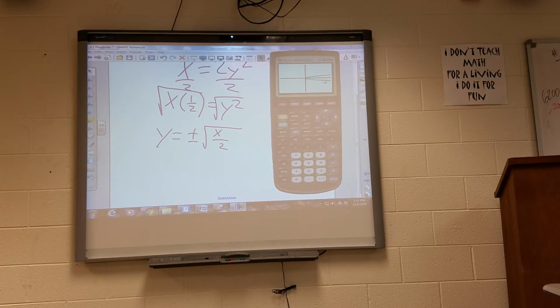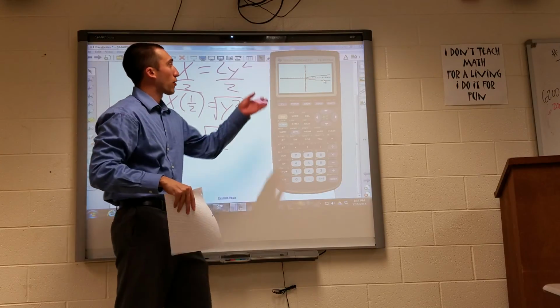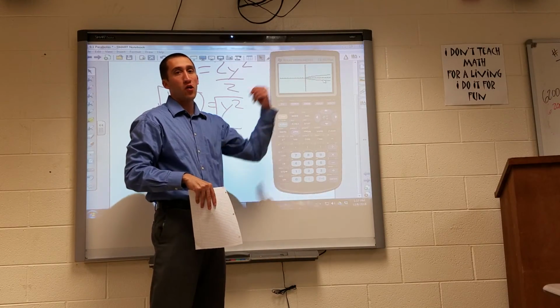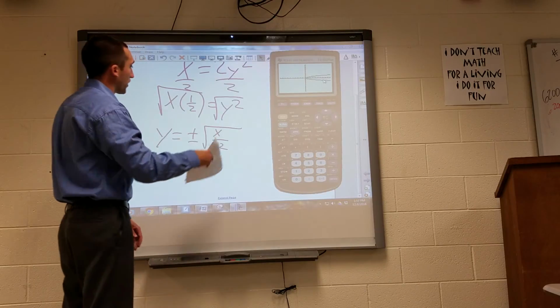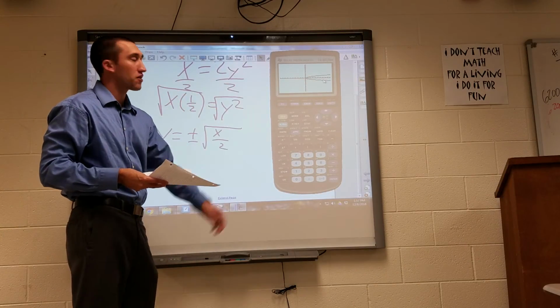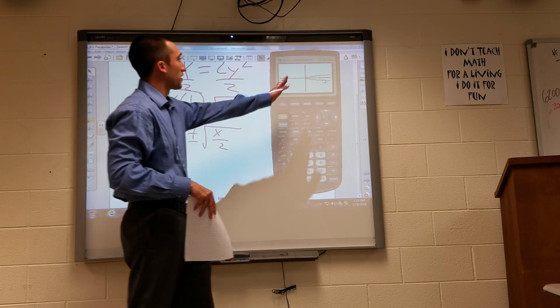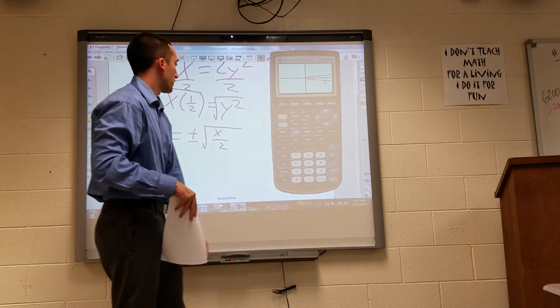So something we're not used to seeing, right? Normally we're used to seeing parabolas either opening up or opening down. Now we're going to have parabolas opening right and opening left. In this case, since once I got it in standard form, everything had a positive value, it's going to open to the right, and we can see here a parabola opening to the right.